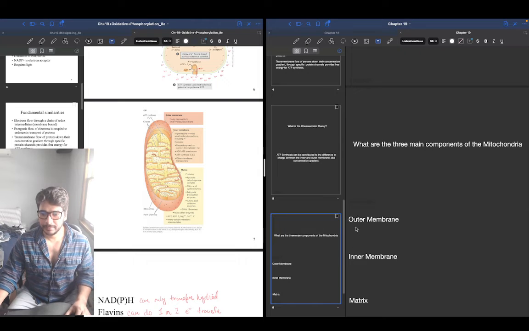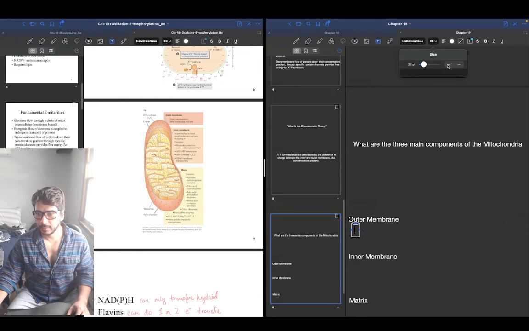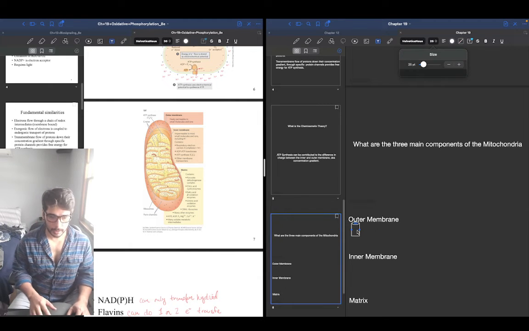Let's create a new text box here. And let's drop down. Here's another note for GoodNotes: I wish that I could just type in the size that I want as opposed to clicking through this. Okay. The outer membrane, permeable to small molecules and ions.